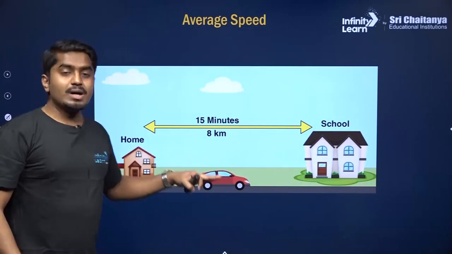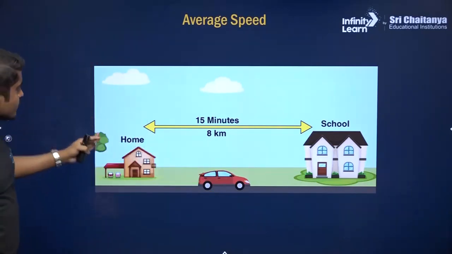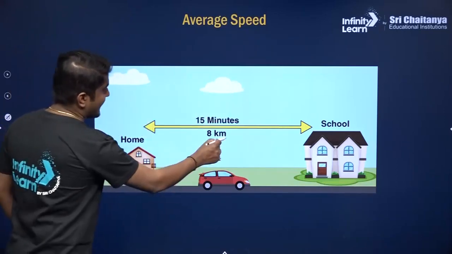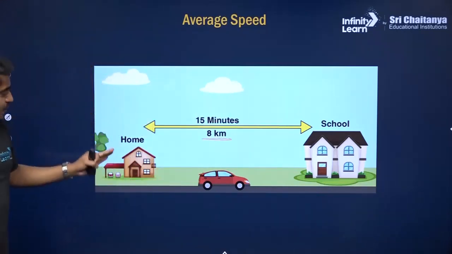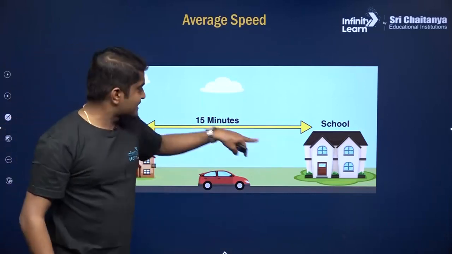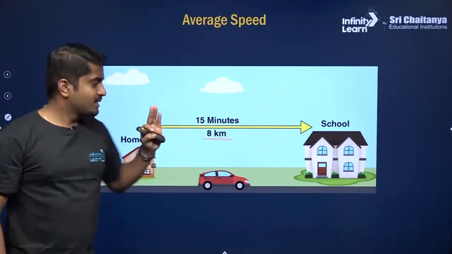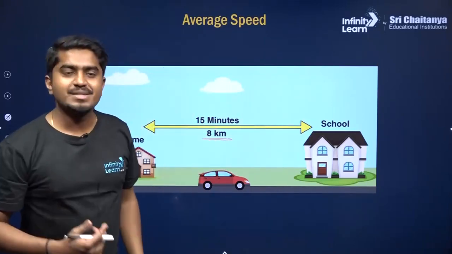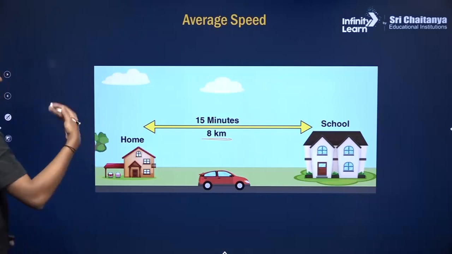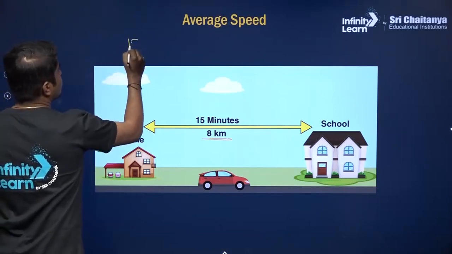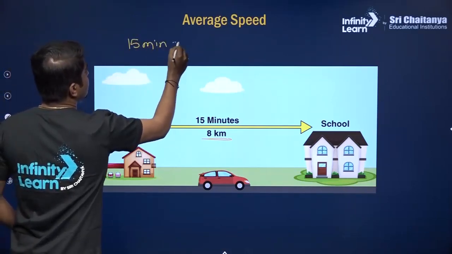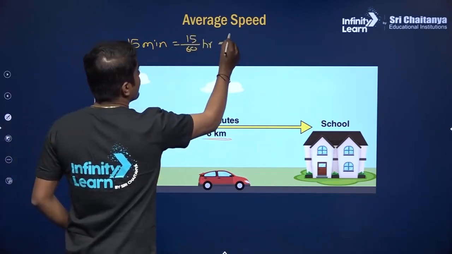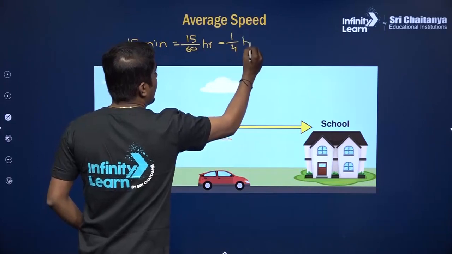Now, let's solve this question. The home and the school, the distance between them is 8 kilometers. And for example, the person takes 15 minutes to travel from home to school. So what is the average speed? You can convert 15 minutes into hours: 15 divided by 60, that is 1/4 hours.